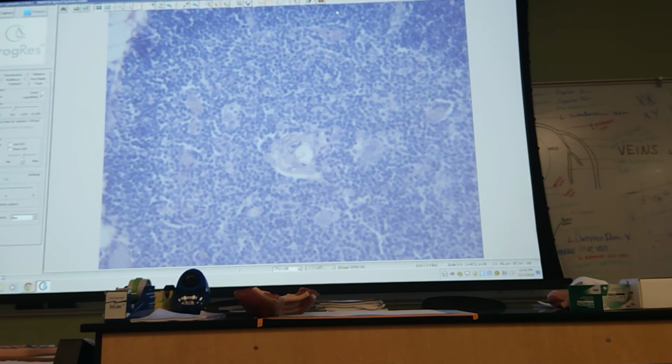Within the lighter part, you can see it's lighter, because up here you can see it's darker.